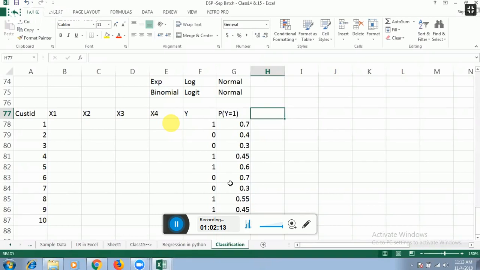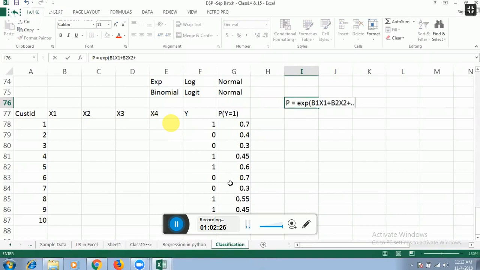Of course, once you build the model, this is the output you got. At the end of the day, you will get p equal to exponential of beta 1 x1 plus beta 2 x2 and so on, plus beta n xn plus constant, divided by 1 plus exponential of beta 1 x1 plus beta 2 x2 and so on, plus beta n xn plus constant.